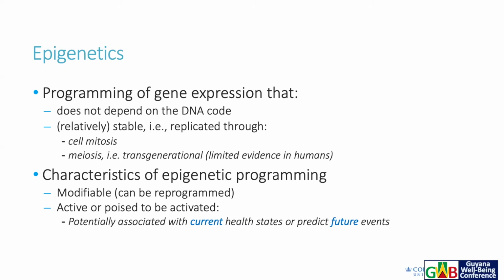So there are different states of genes. It is particularly important because we are really interested in understanding genes that are active now, but we are even more interested in understanding what are the genes that are ready to be activated. And this is where the word programming comes about.